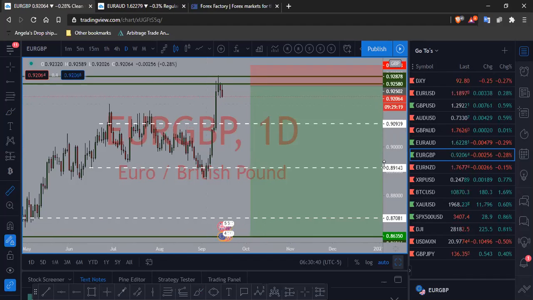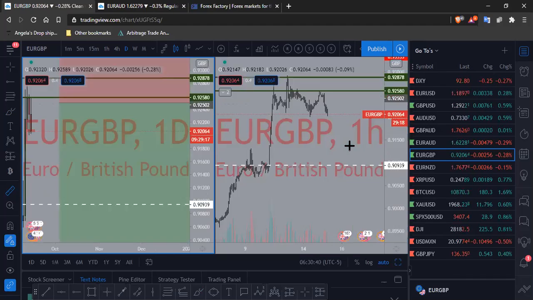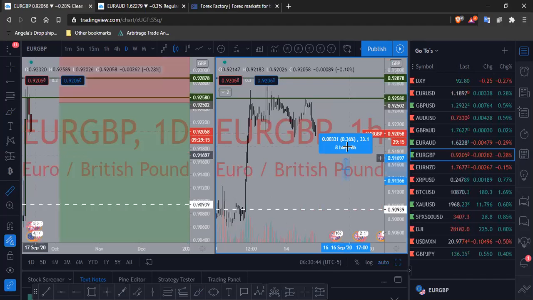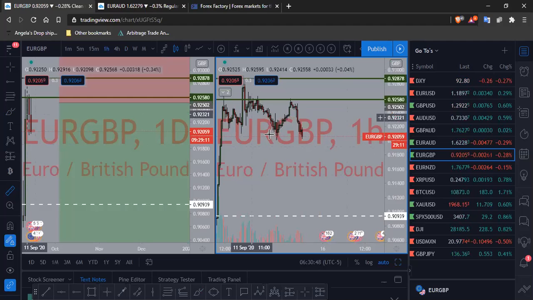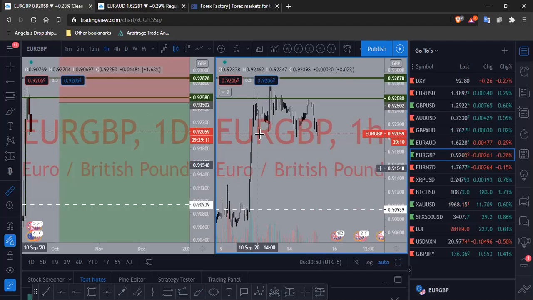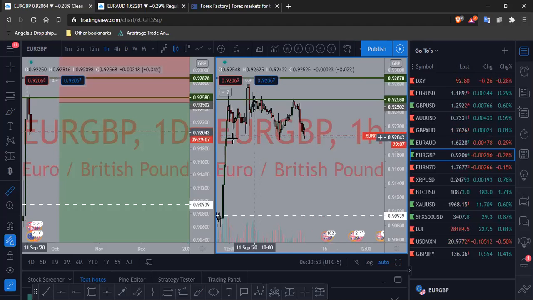Let's see what the 1 hour looking like. Yeah, all it really needs to do is break here, and then it's a wrap. All it really needs to do is break this previous low that it came to, and then it's a wrap. So yeah, EG's still, if it breaks this, I might end up getting into a sell stop.